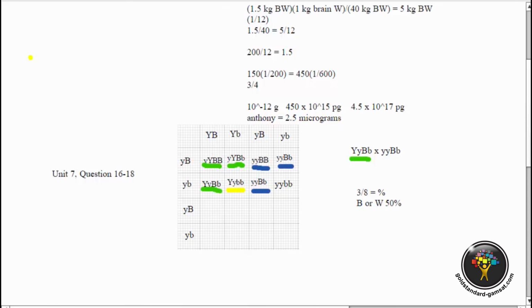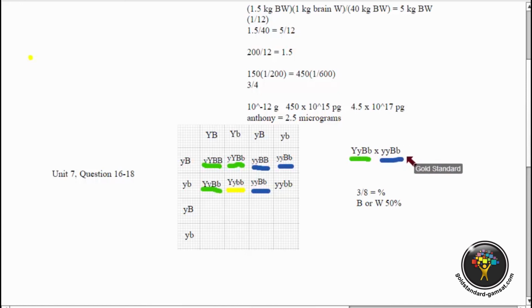Going by the rules that ACER provided, big Y, big B produces green, and small y, big B produces blue. So we know that green and blue make all of that.